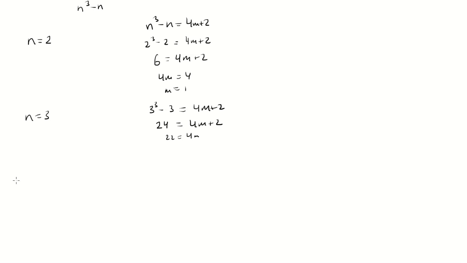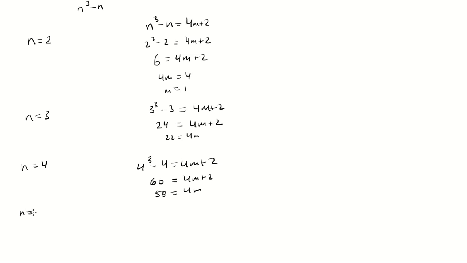So we'll move on to n equals 4. So it's 4 cubed minus 4 equals 4m plus 2. That's 64 minus 4, which is 60. We know 60 is a multiple of 4, so this is also not going to work. We'll get a fraction here.